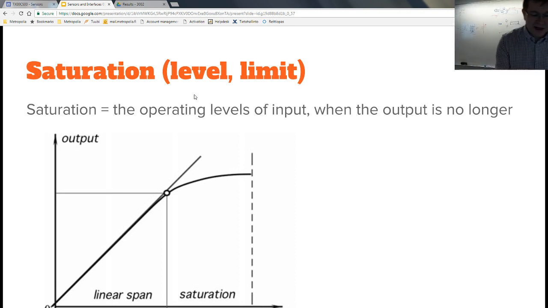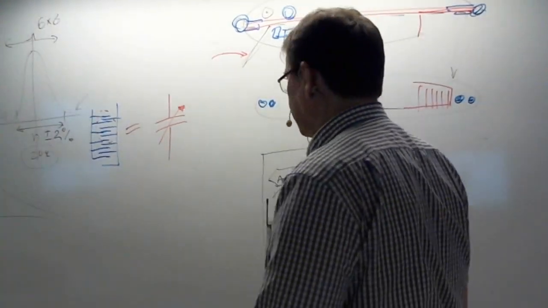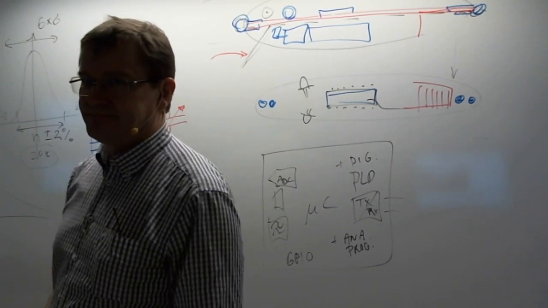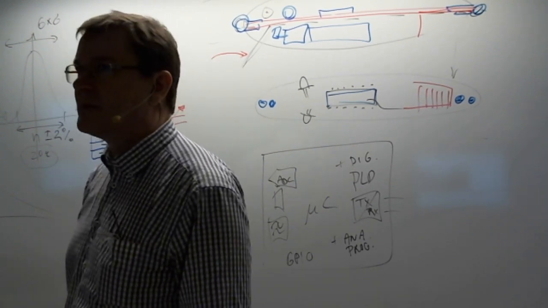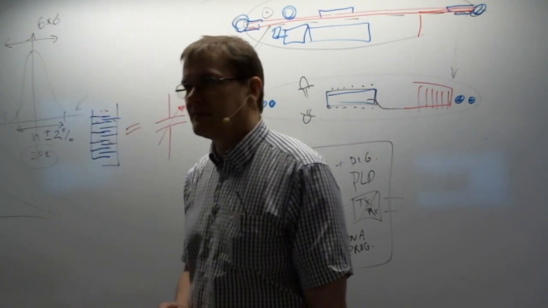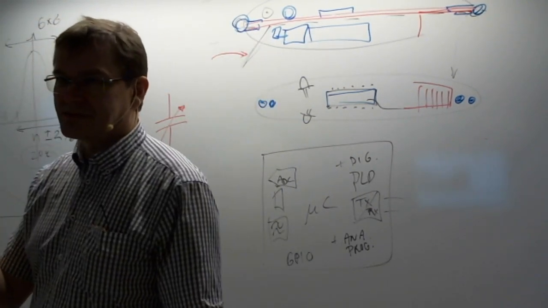Okay, real life example. Let's take a real life example just for fun. Photomultiplier tube is still the fastest and best way of measuring very, very weak light signals, mostly single photons.